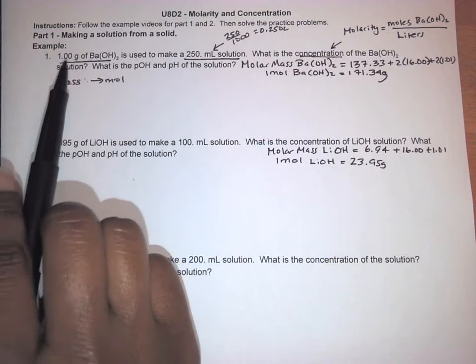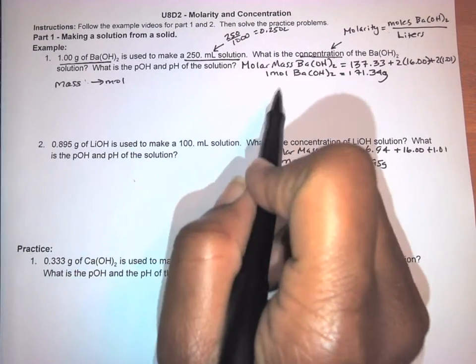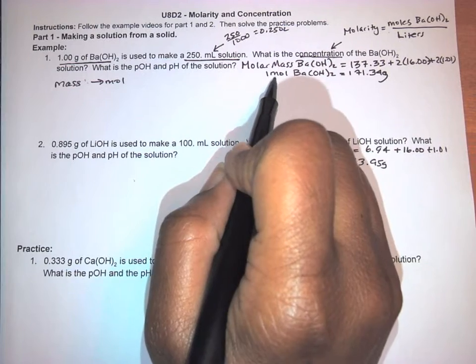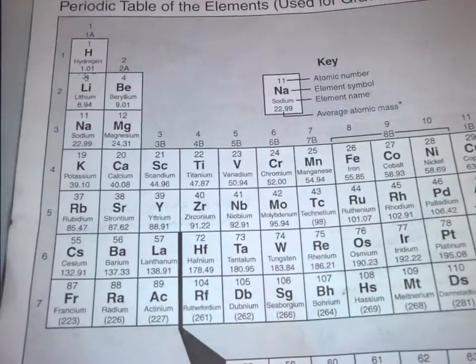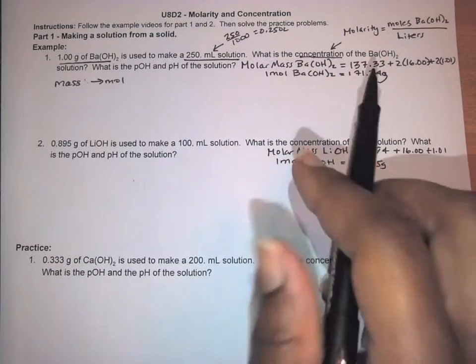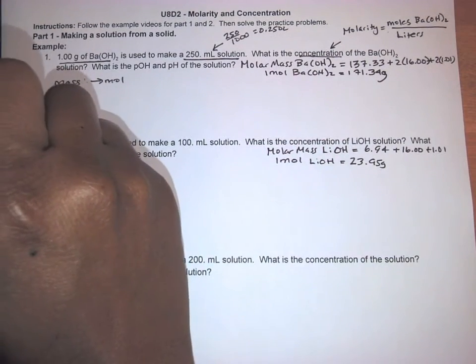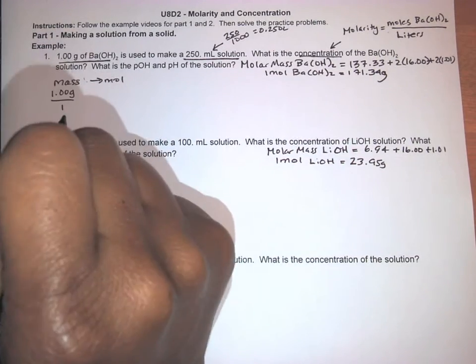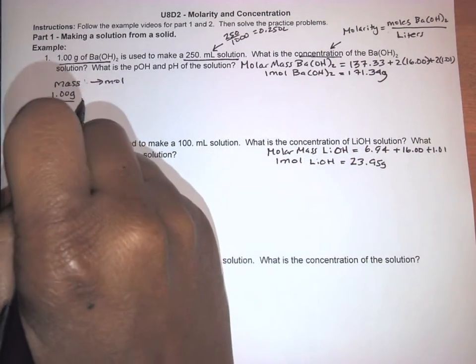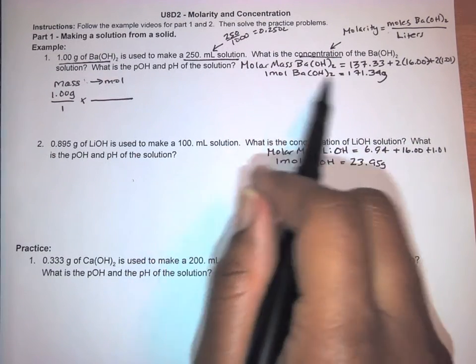To get the moles, we're going to take the mass of barium hydroxide and convert it to moles. And remember, for that conversion, we're using the molar mass. I've already calculated the molar mass using the periodic table. So the molar mass of barium hydroxide is 171.34 grams. All right, so we're going to take our given 1.00 grams of barium hydroxide over 1, and then we multiply it by a second fraction. That second fraction will come from the molar mass information.